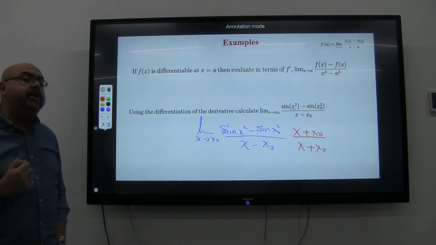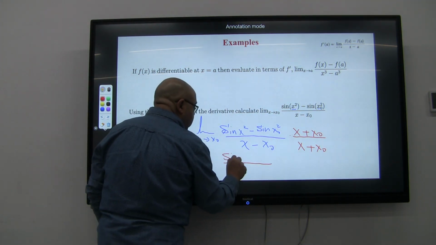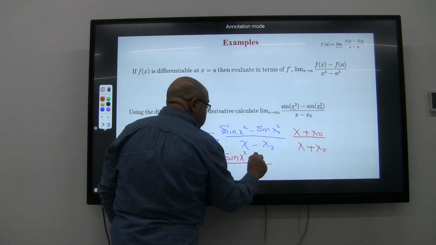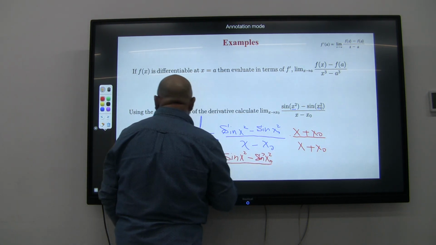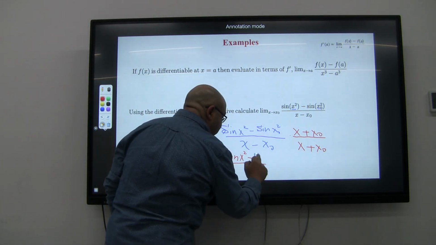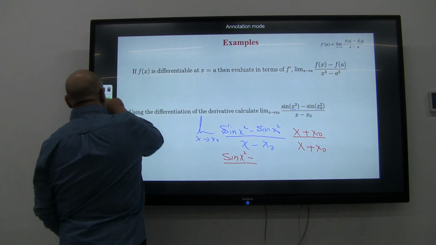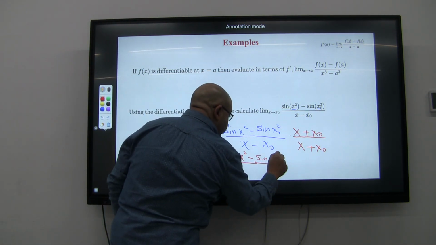What we gain is that now you have sin of the function minus sin of x naught to the power of 2, which is exactly correct. Let's erase it again so we don't get confused. Here is the sin of x naught to the power of 2.